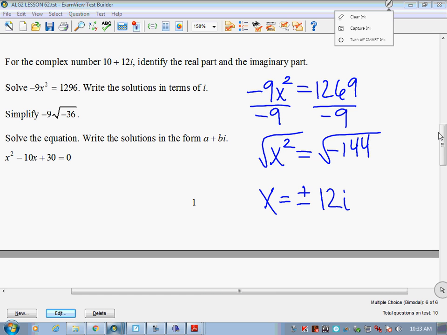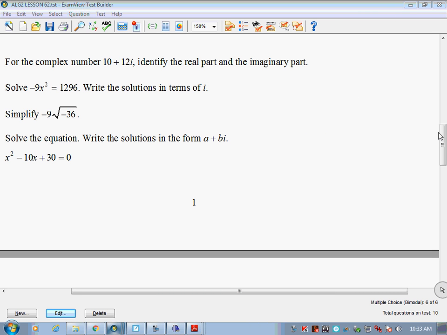Let's see, number 9. Okay, simplify negative 9 times the square root of negative 36. Can I simplify the square root of negative 36? What is it? 6i. Negative 9 times 6i. What's negative 9 times 6?